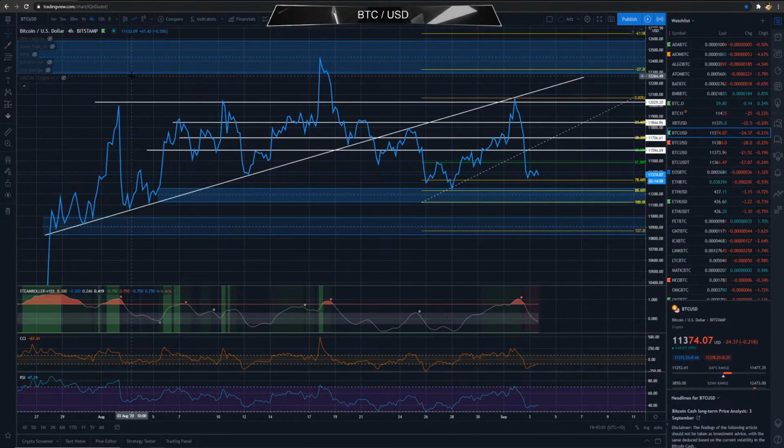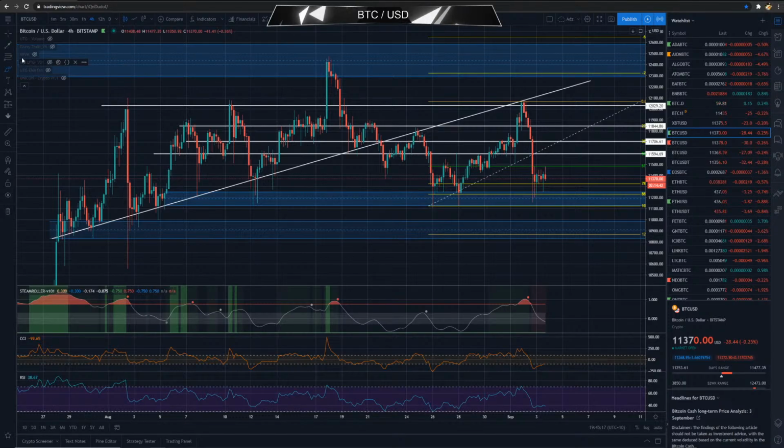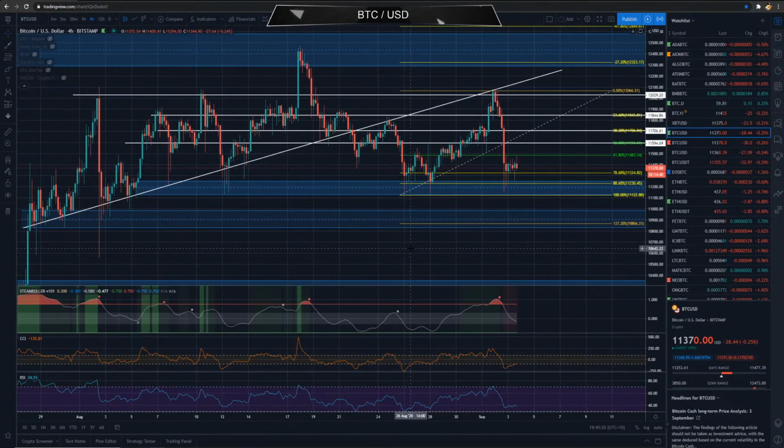If you flick it to the line chart, you can easily draw that trend in all the way up, for the two latest touches as well. So if you want to draw your trend lines to get a better understanding of where they should be, that's what you should be doing.